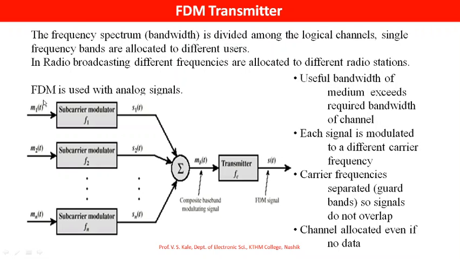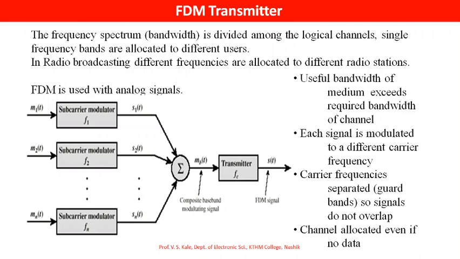M1(t) is the first signal, M2(t) is the second signal, like this the last signal is Mn(t). These signals are modulated by using a subcarrier frequency F1. The second is modulated by using a subcarrier frequency F2.